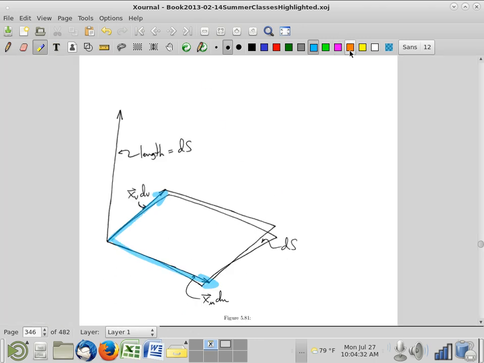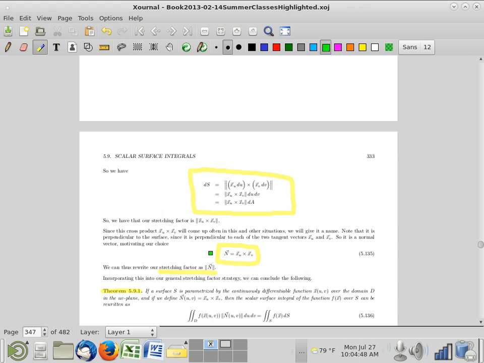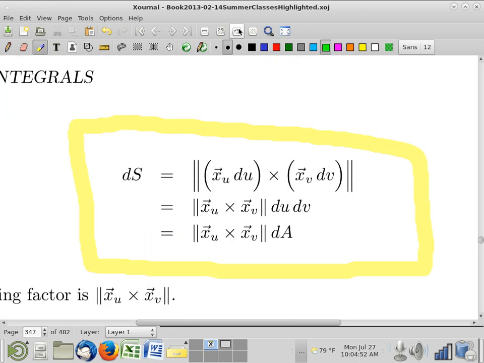Their cross product is the vector whose length gives me the area. Cool? So, and then here it is. These are the two edge vectors that we computed.